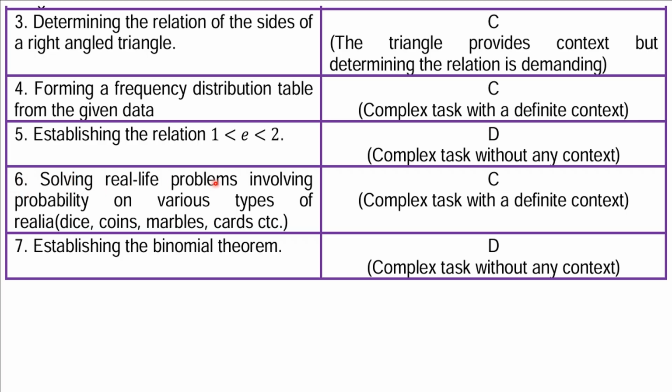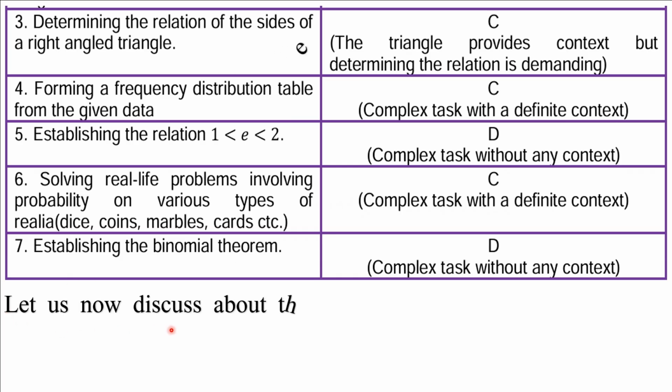Solving real-life problems involving probability on various types of realia, dice, coins, marbles, cards, etc. Quadrant C. Complex task with a definite context. 7. Establishing the binomial theorem. Quadrant D. Complex task without any context.